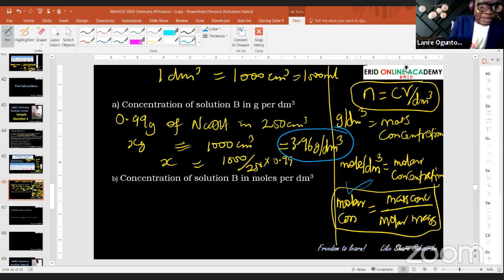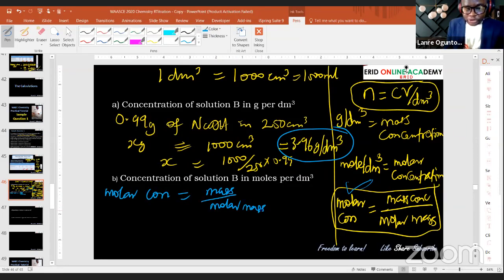Okay, so that is what I have. So I'll just say molar concentration. My molar concentration is equal to mass concentration over molar mass. So ask yourself, what is the mass concentration we got here? That was 3.96.